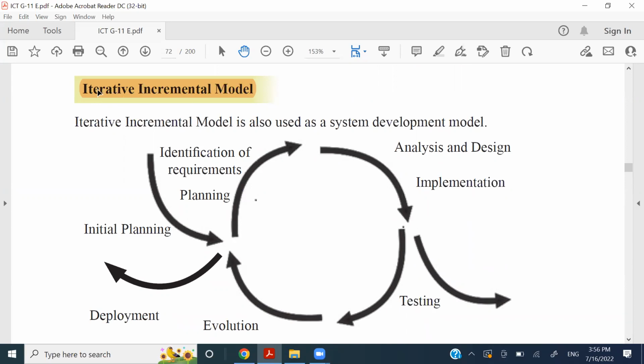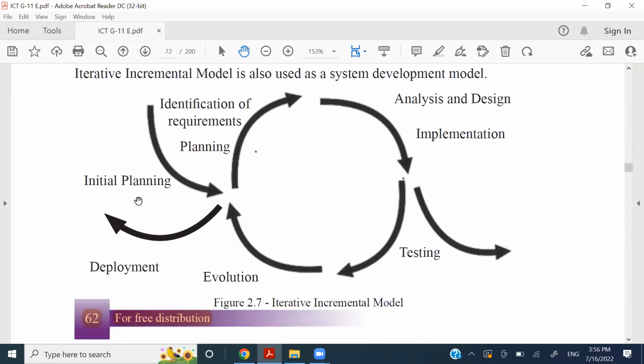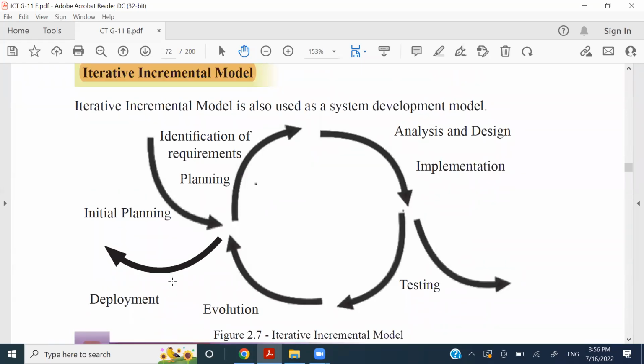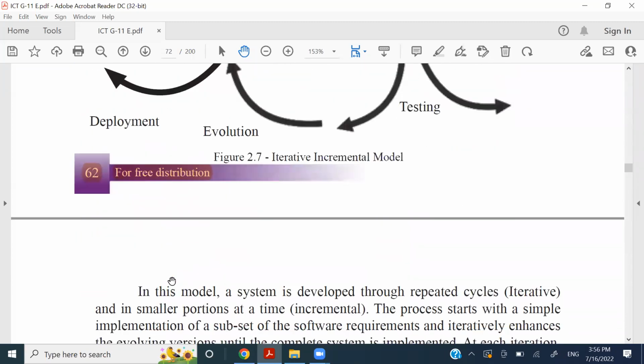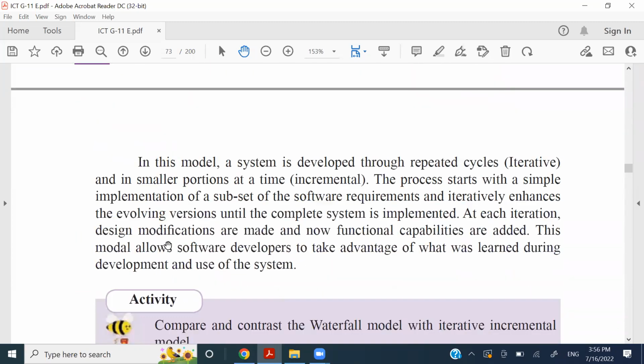So have the heading iterative incremental model. And under that, you may write about these things.